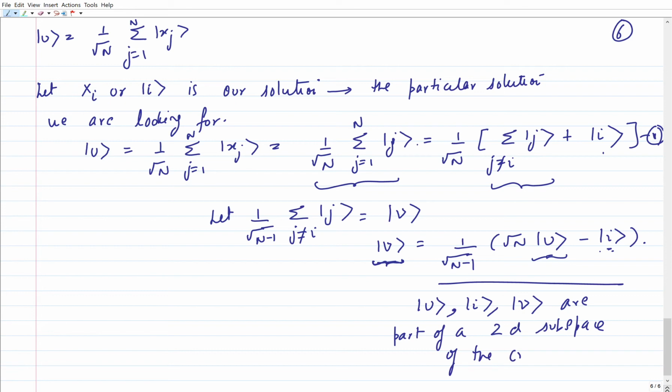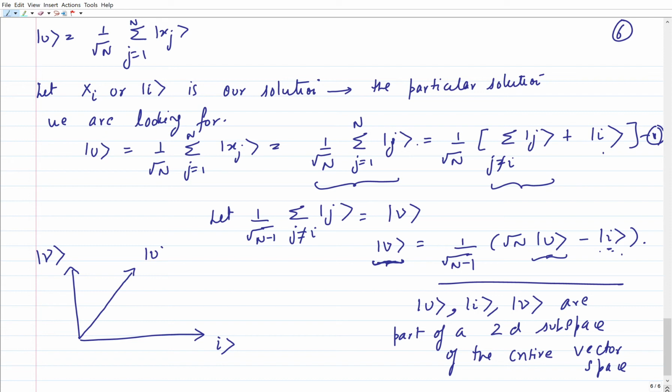Also notice V is orthogonal to I. One of them is the solution, the other is not a solution, so they naturally are orthogonal. So let me say V, this is I, and this is U, my initial starting position, which is a superposition of everything, solutions as well as the kets which are not the solution.